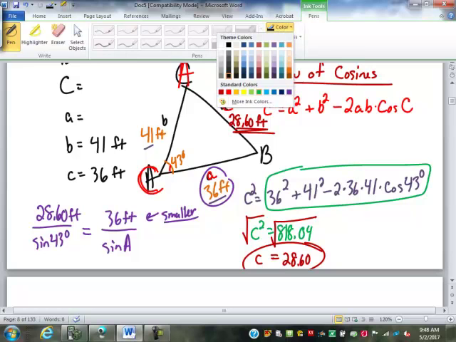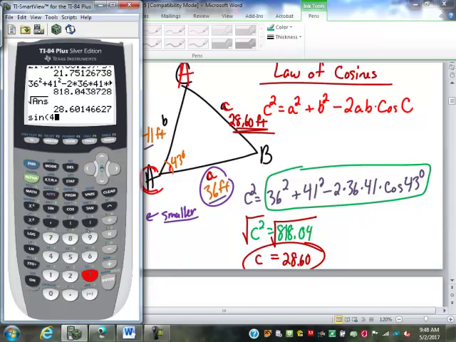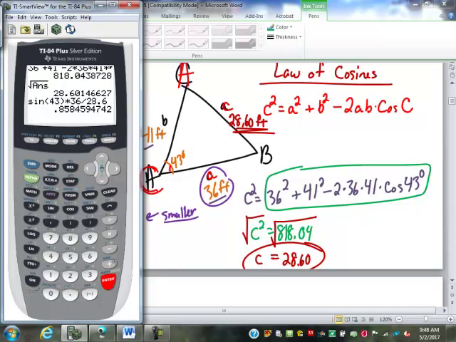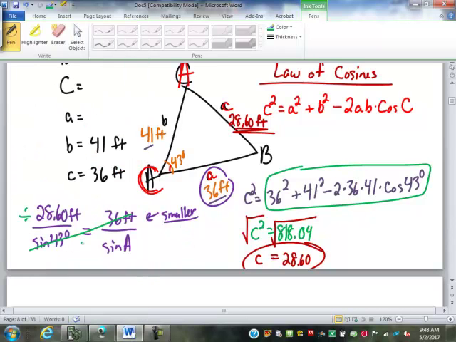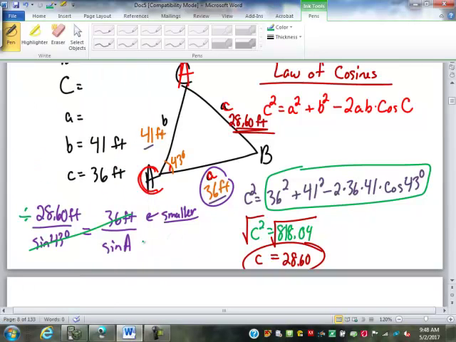So we will cross multiply and divide here. Sine of 43 times 36 divided by 28.6. I get 0.8585.